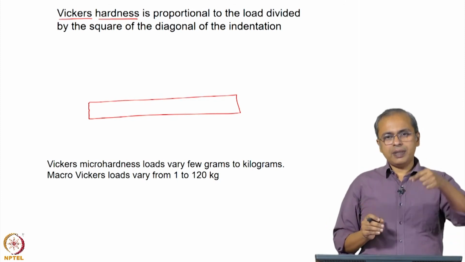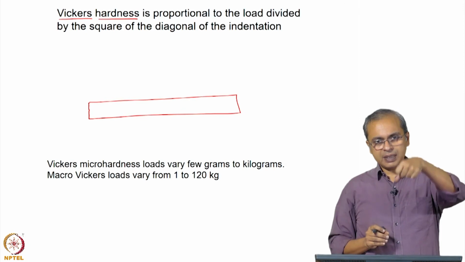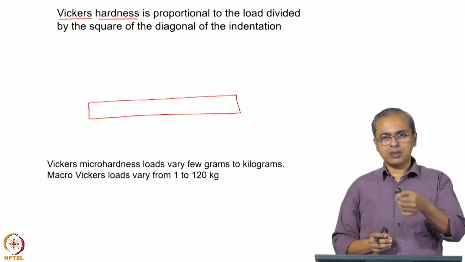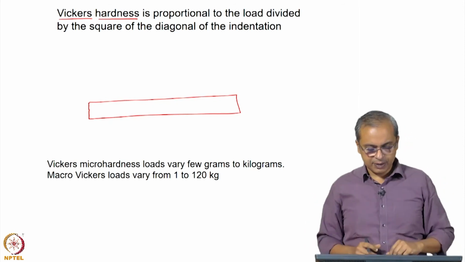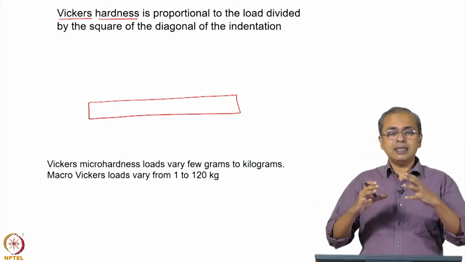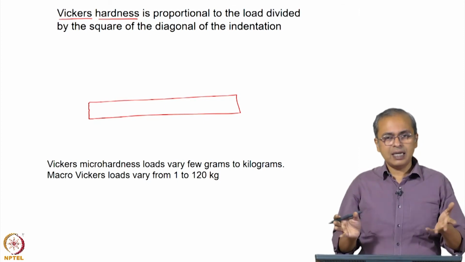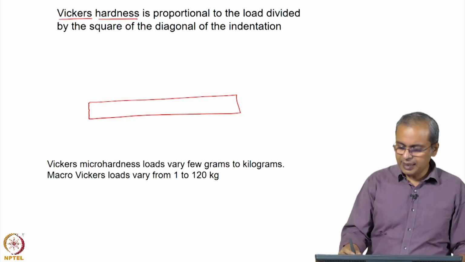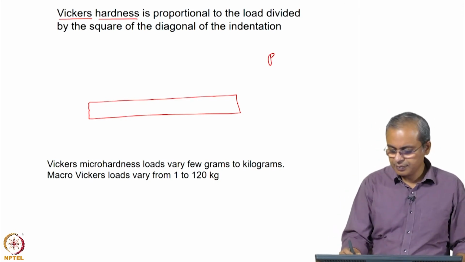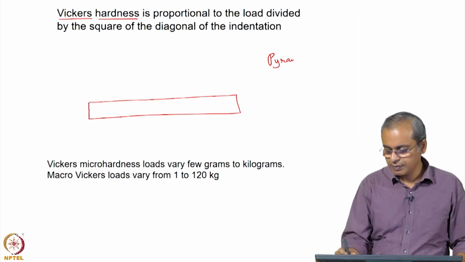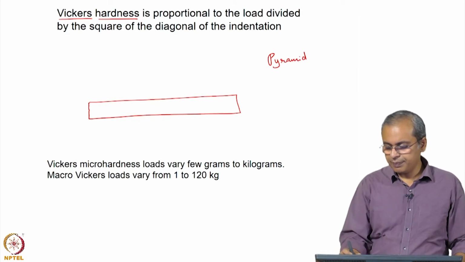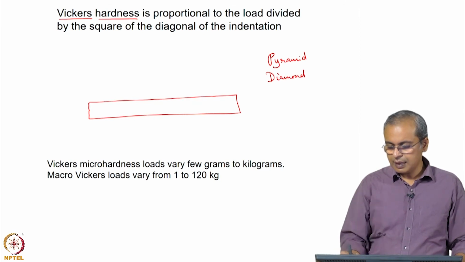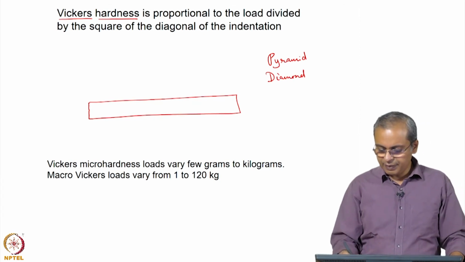The softer the sample is, with the same amount of force this sharp object will go at greater depth. If it is a harder object, it will go only a shallow depth. So, that is the basic idea, and that is the Vickers hardness measurement. To standardize it, the shape of the sharp object is fixed, and the material it is made of is also fixed. So, typically it is a pyramid made of diamond, and its angle will be something like this.